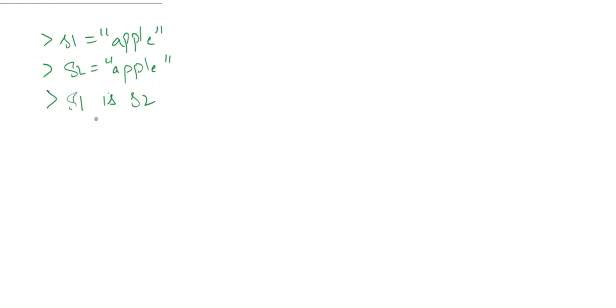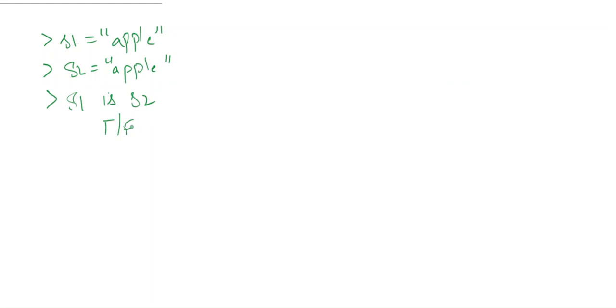So suppose we have two string objects, and for the first string object we have one variable s1 which refers to the string apple, and then we have another variable s2 which is also referring to a string having the same value apple. Now, if we say if s1 is s2, whether this will be true or false.